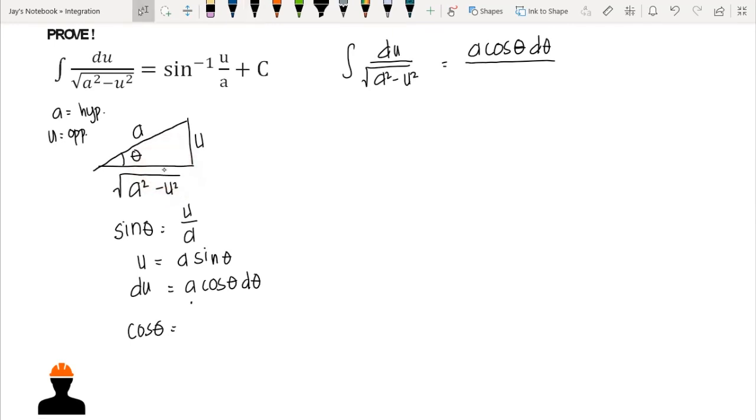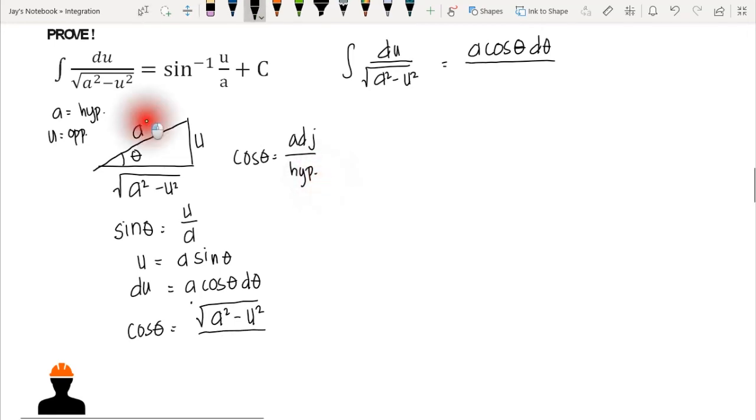From cosine theta equals adjacent over the hypotenuse, our adjacent here is square root of a squared minus u squared over the hypotenuse. In this case, the hypotenuse is a. So therefore, the square root of a squared minus u squared is equal to a cosine of theta.